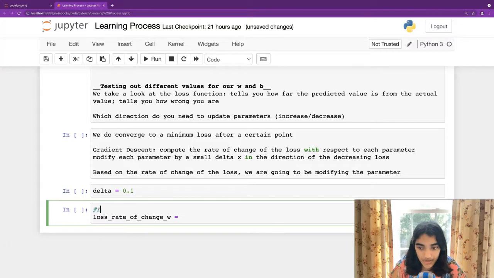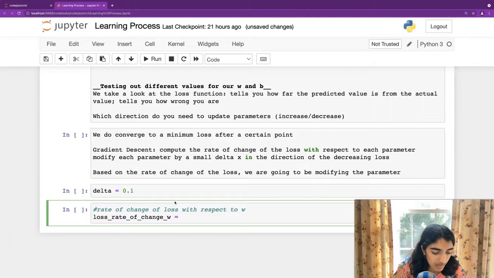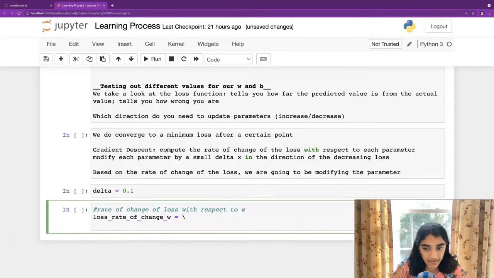Rate of change of the loss with respect to W. Okay, and we're going to be doing that, and this just means I'm going to be defining this on the next line, because if I don't do that and if I define the variable on the next line, Python's going to get angry and scream.